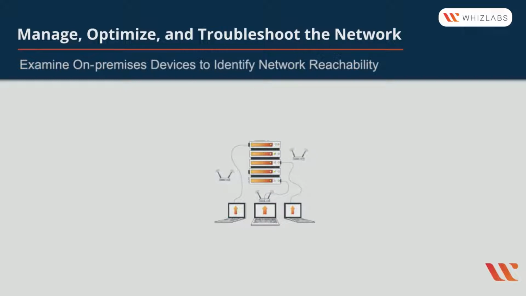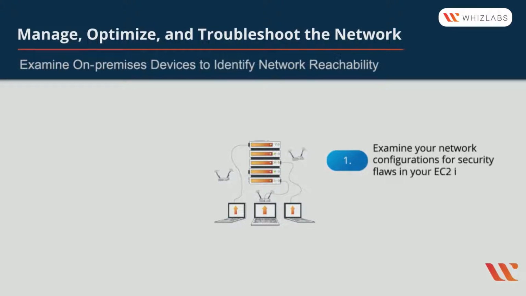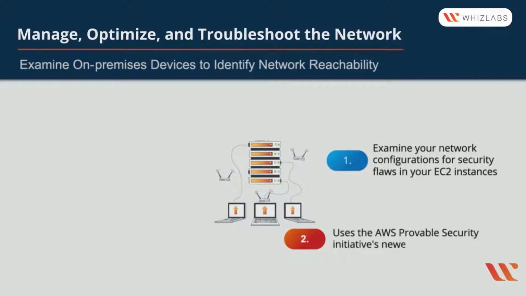The network reachability package's rules examine your network configurations for security flaws in your EC2 instances. The findings that Amazon Inspector generates also offer advice on how to limit unsecured access. The AWS Provable Security Initiative's newest technology is used in the Network Reachability Rules package.